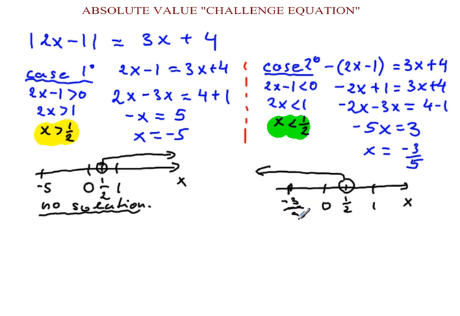Negative 3 over 5. So the only solution to this equation is the one here, because it fits nicely in the domain. So that's the root of the equation. Okay, so we have initially two roots, two candidates, but only one works.